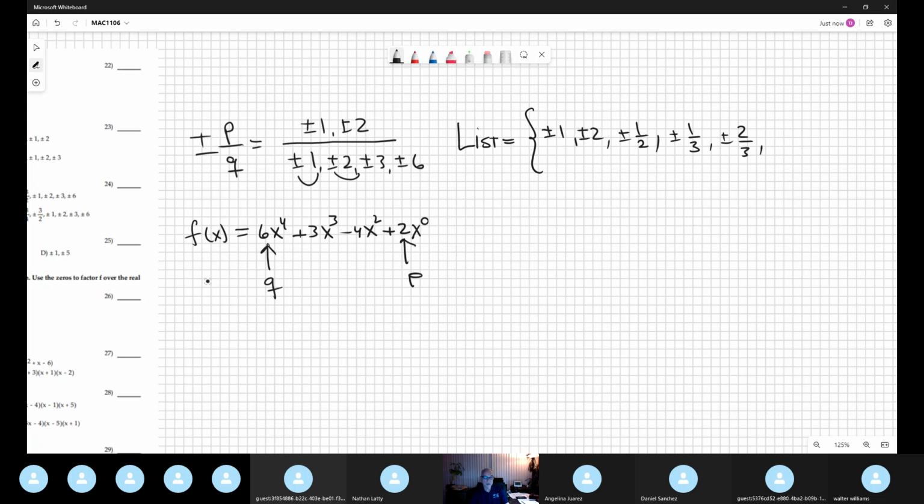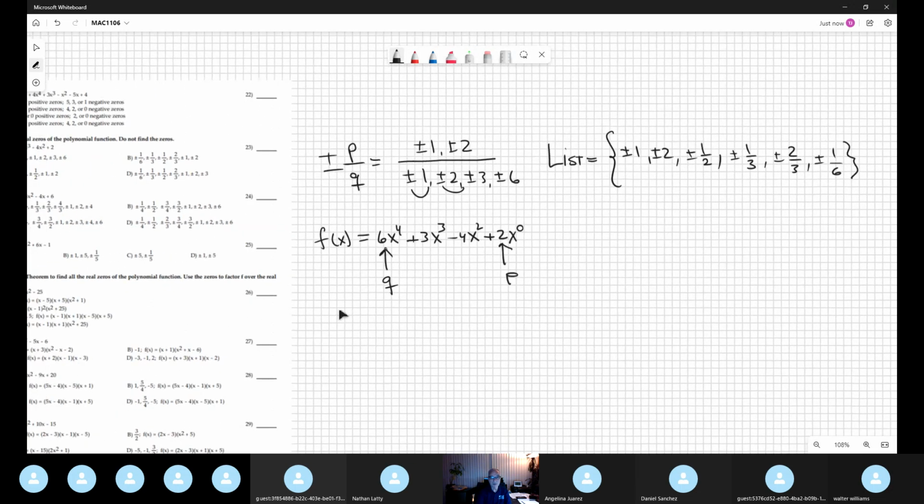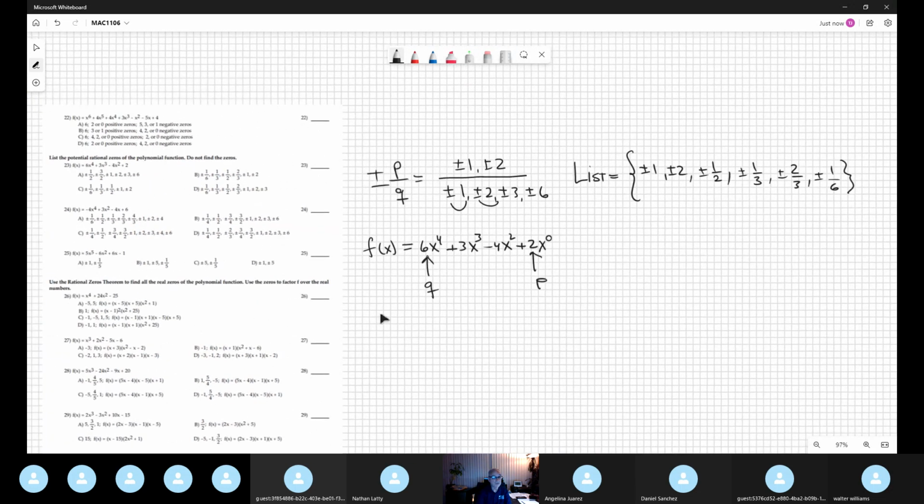Then we have 1/6. 2/6 is 1/3, which I have here. Finish my list. My list is plus or minus 1, plus or minus 2, plus or minus 1/3, plus or minus 1/2, and so on. Okay, the option B, I guess.